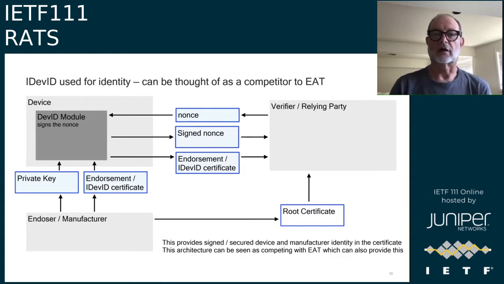I think in most cases the intended implementation there is with EAP. But my understanding is that DevID does not require any particular protocol there. You could use any protocol you want. The DevID module has a signing function that would allow it to sign for any protocol. So this can be seen as competing with EAT to provide device identity and manufacturing identity. Next slide.